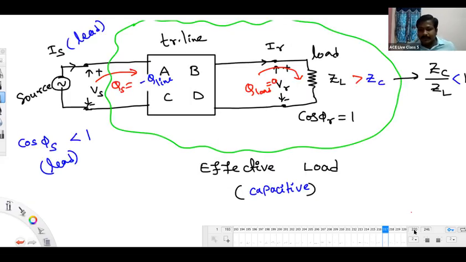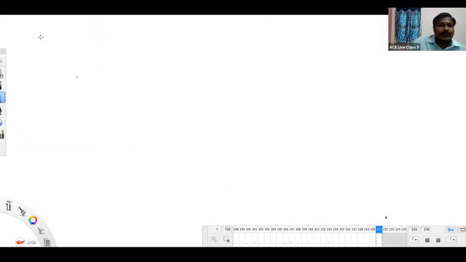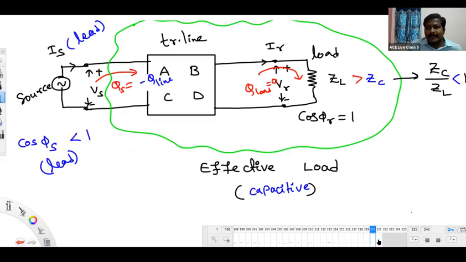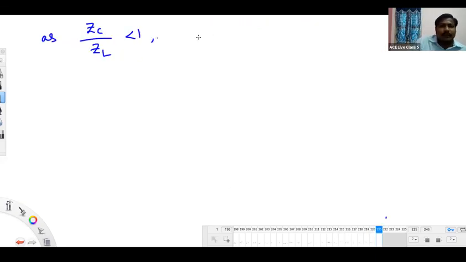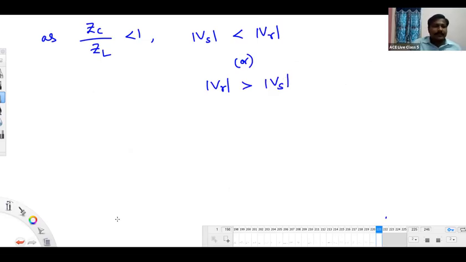Right. So in this situation, you can observe that as ZC by ZL number is less than 1, the sending end voltage will be less compared to receiving end voltage, or in reverse, the receiving end voltage will be greater compared to sending end voltage.